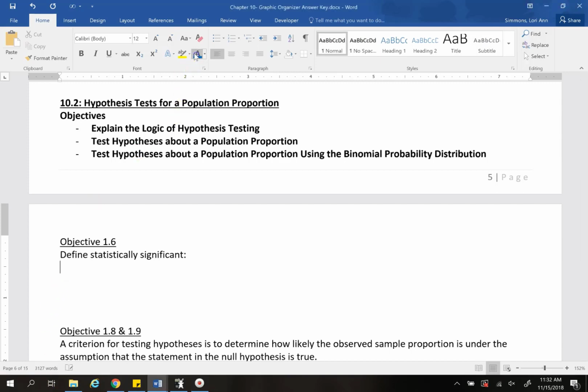So let's first start off with defining statistically significant. This is when observed results are unlikely under the assumption that the null hypothesis is true.